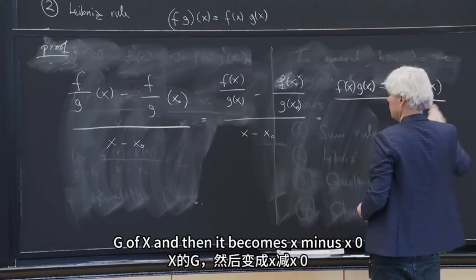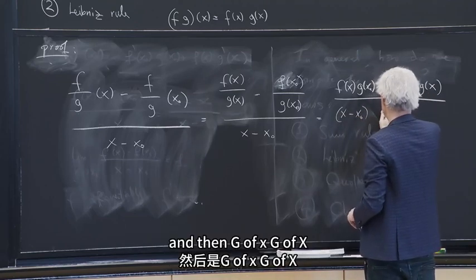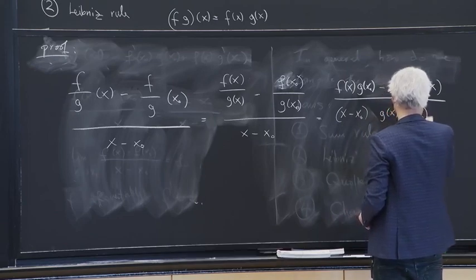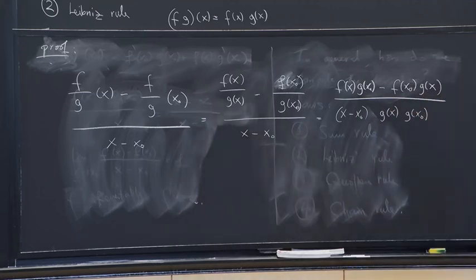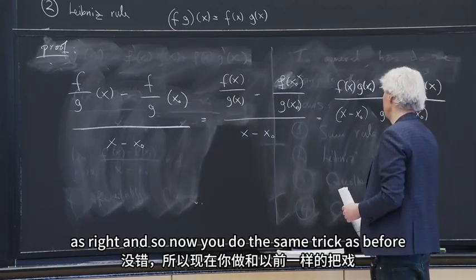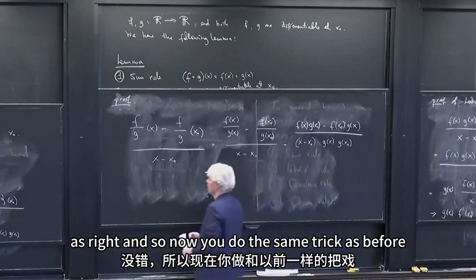And then it becomes x minus x0, and then g of x, g of x0, like that. And so now you can write this thing here as, right, and so now you do the same trick as before.